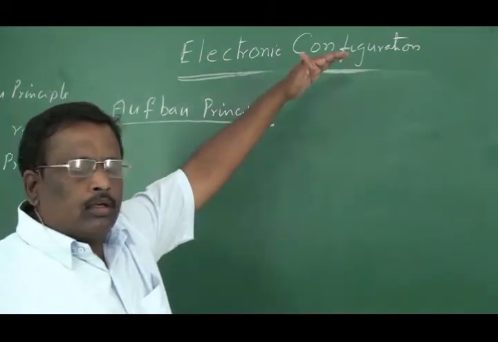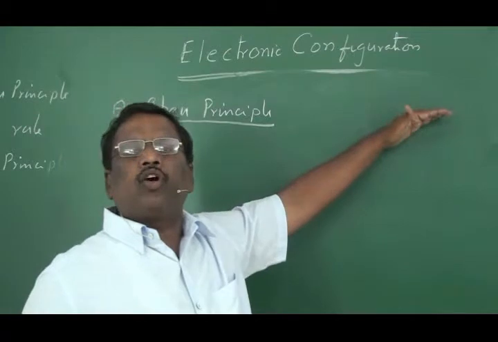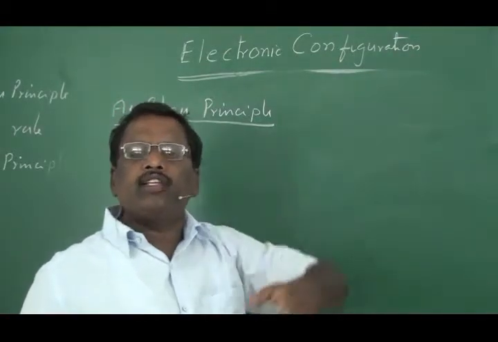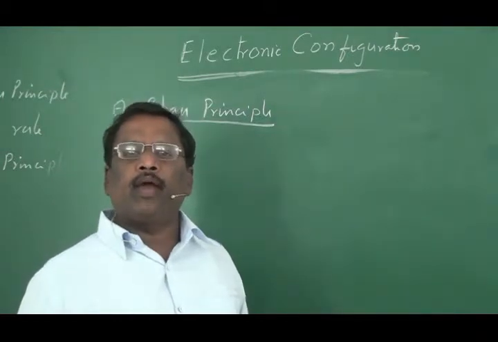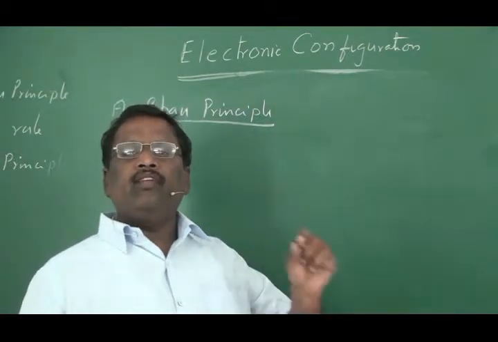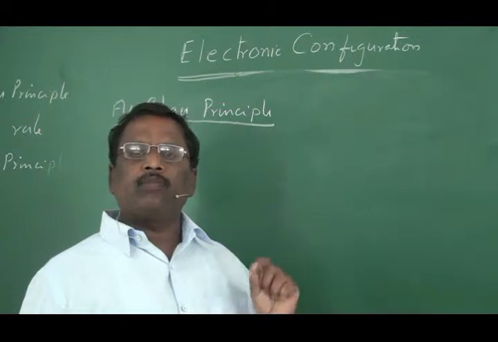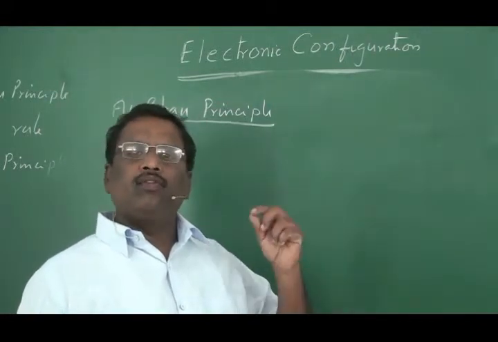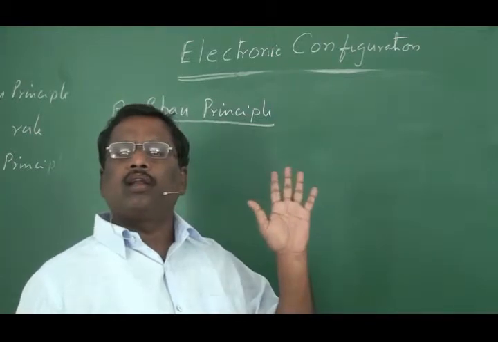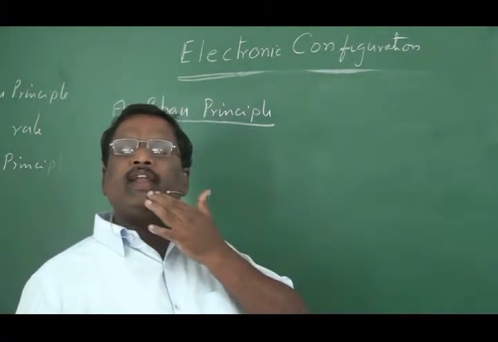All orbitals are available for the electron, because if you take hydrogen, only one electron is there, but in hydrogen atom you have not only the first energy level. You have first energy level, second, third, fourth energy level, and so on up to infinity.